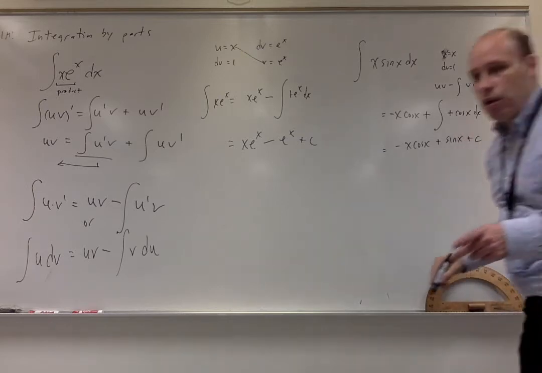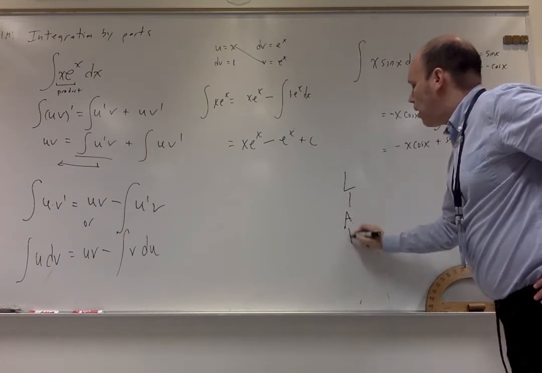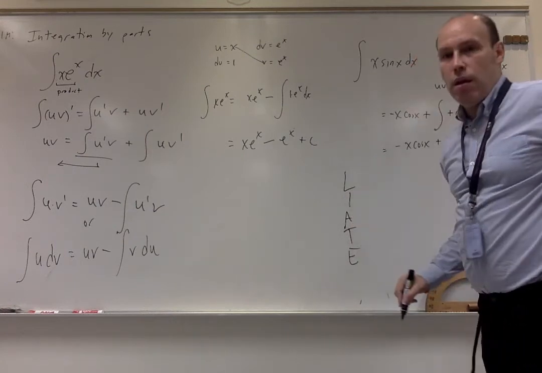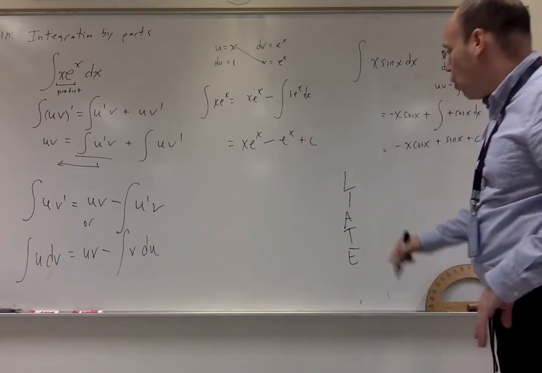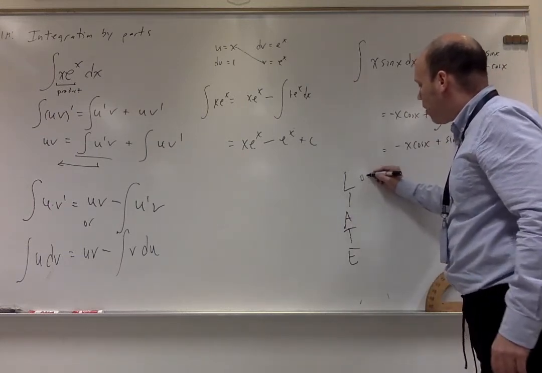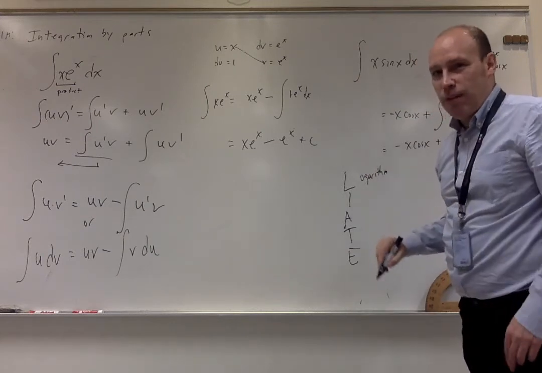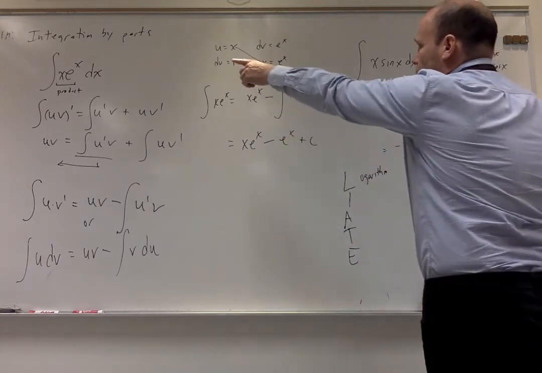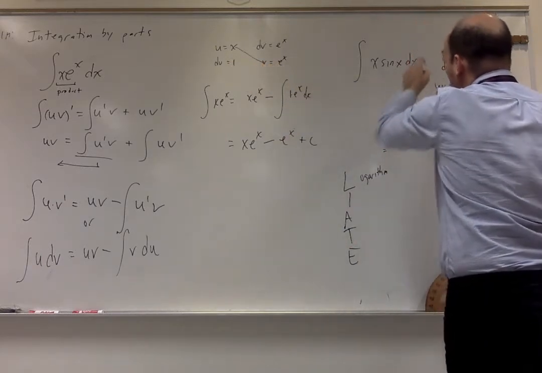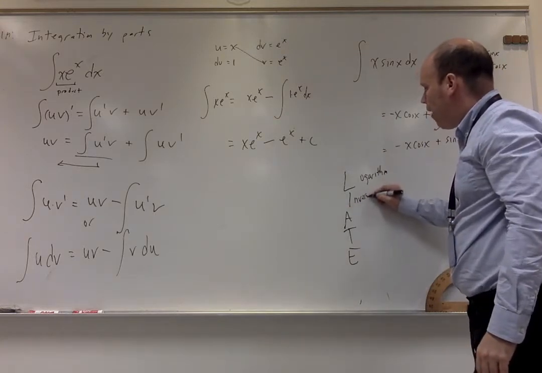How do you know what's the u? LIATE. Whatever comes first, that's the u. So if the first term is a logarithm, that's the u. Here, I don't see a logarithm. The next thing you look for is an inverse function.